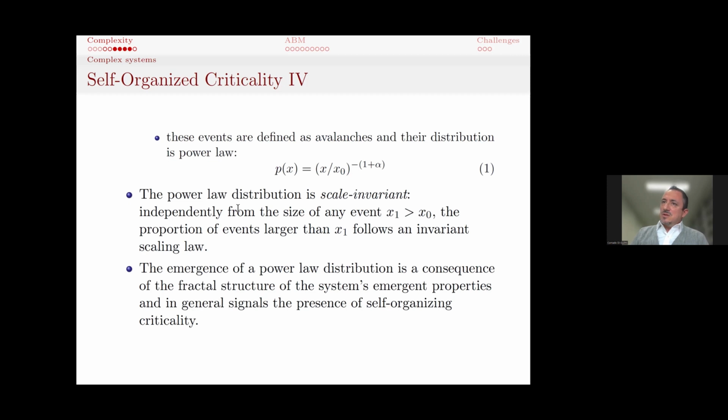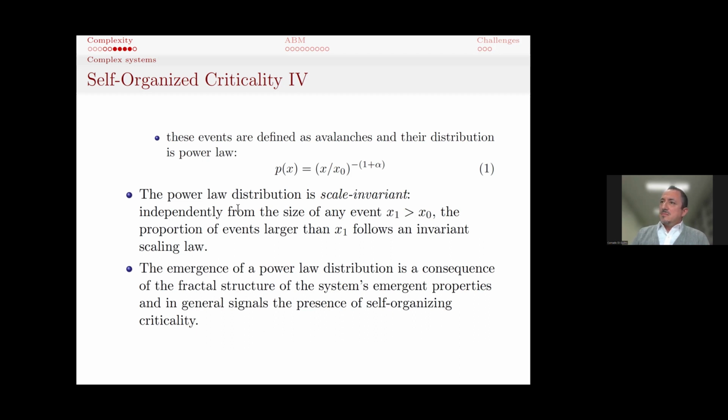What is particular about this distribution? That this distribution is scale invariant. So if we take the log of both sides of the distribution, we have a linear function. A linear function means that the proportion of events larger than x1 follows the same rule.